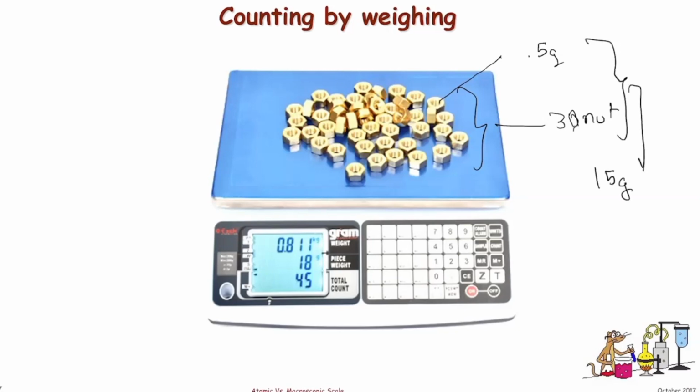So if I weigh 15 grams of those nuts and each one weighs 0.5 grams, then I know I have 30. That's counting by weighing. And you kind of do that in your grocery store.